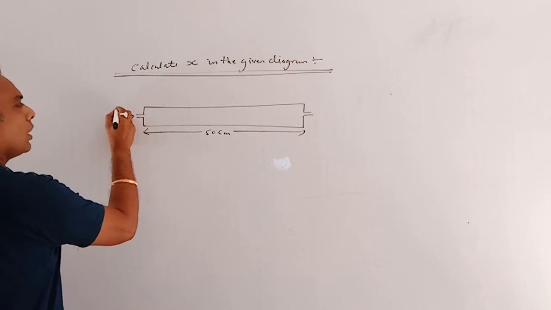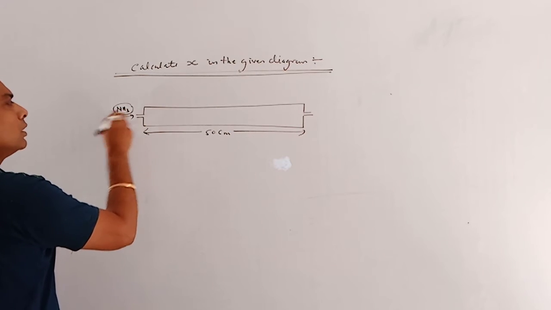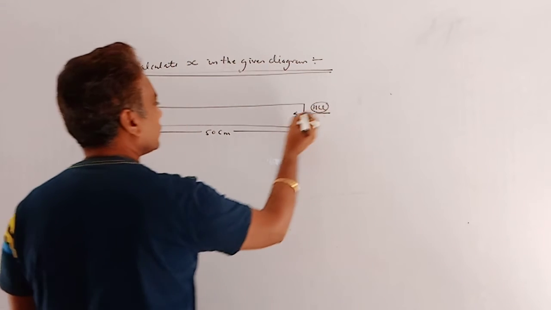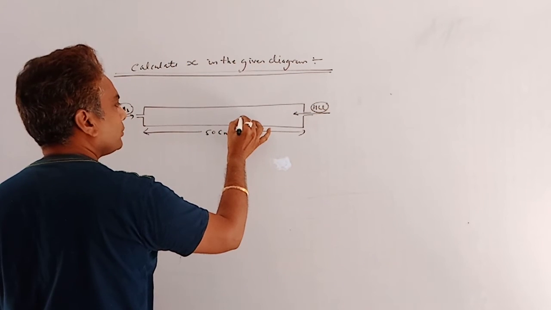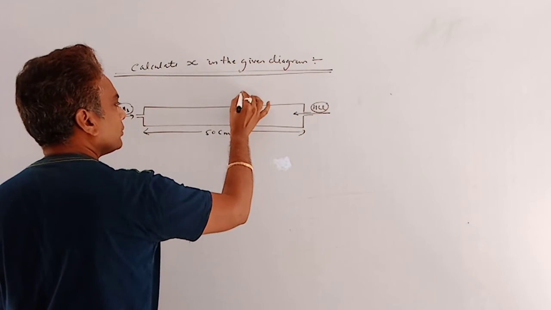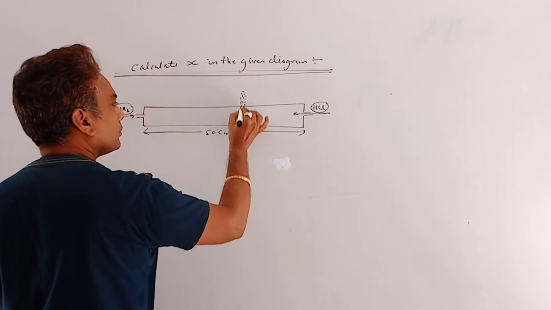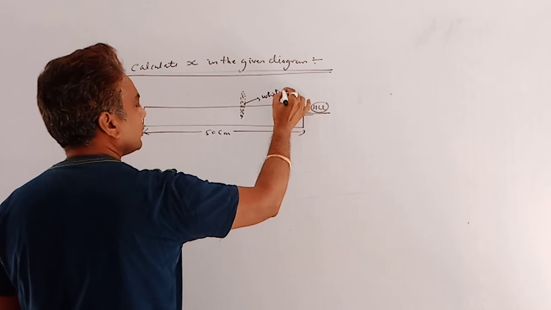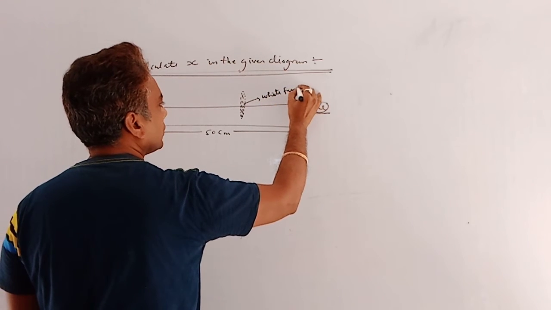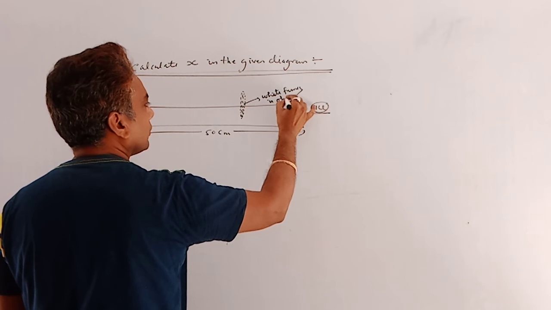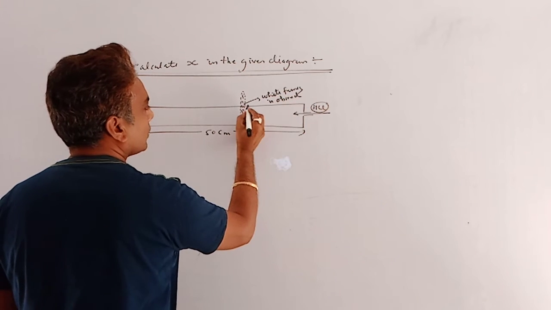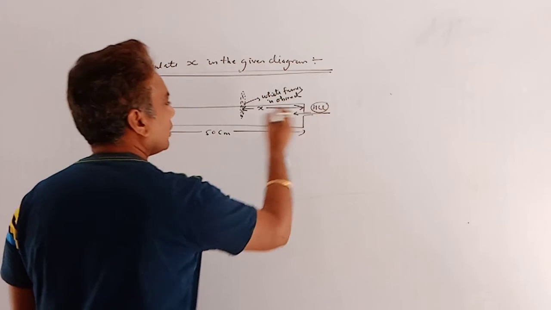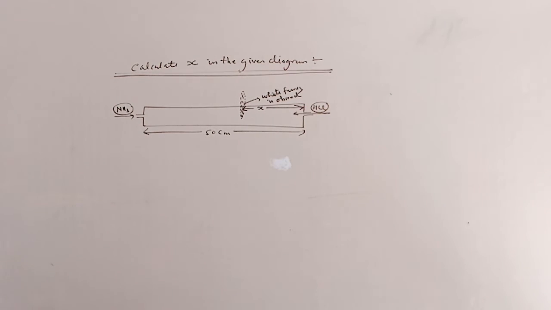From one nozzle, ammonia is introduced, while from the other nozzle, HCl is introduced. And here, white fumes are observed, at a distance from the HCl nozzle which we take to be X.